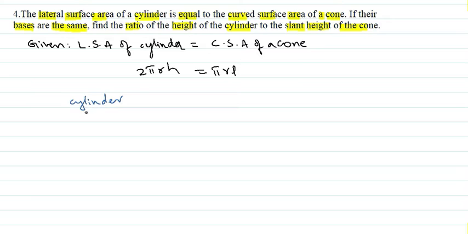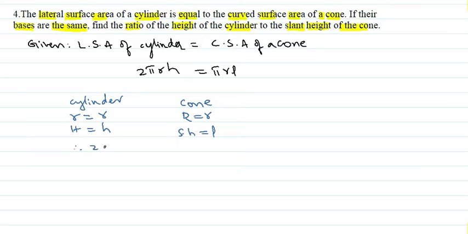Cylinder dimensions: radius is equal to r and height is equal to small h. Then cone: radius is equal to r and slant height is equal to L. L is the slant height here.